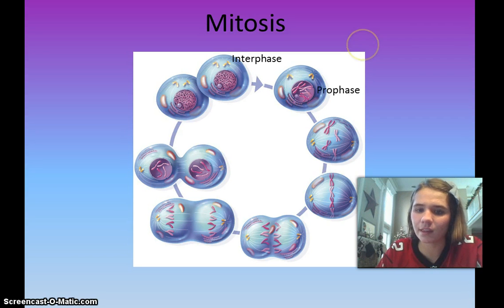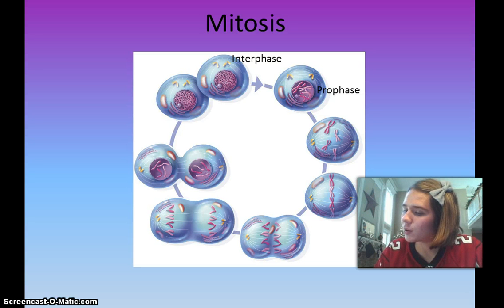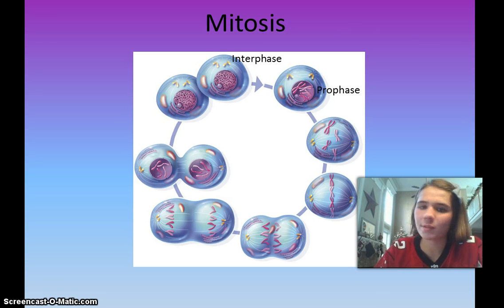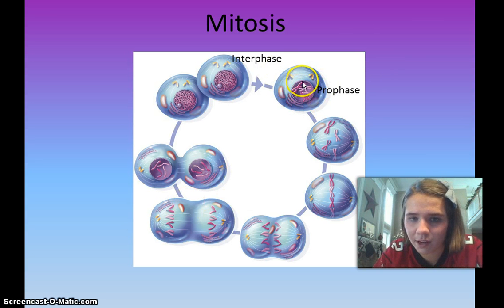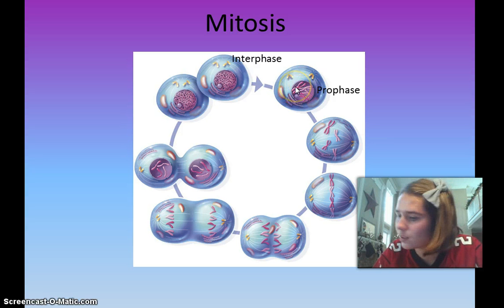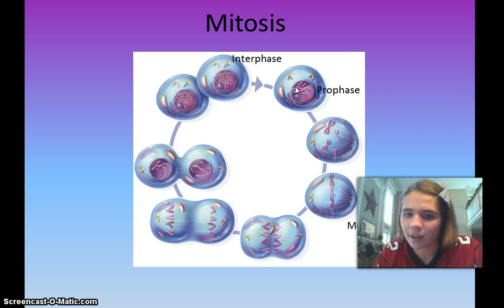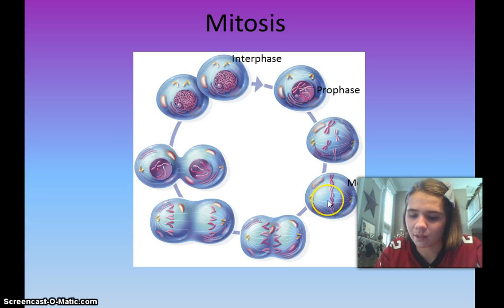The next phase is prophase. Prophase occurs when the duplicated chromosomes condense into pairs of identical sister chromatids, and that's what these are here. As you can see, these are identical chromosomes that are condensed. And then metaphase occurs when these chromatids line up at the center of the cell, with the centrosomes on opposite ends of the cell.